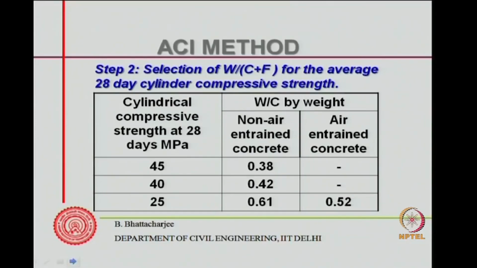We are always talking about 28-day strength only, and age is not varying. So, we were talking of target mean strength. Now, here the average strength represents something similar. So, these are essentially the average strength and corresponding water cement ratio you can determine.